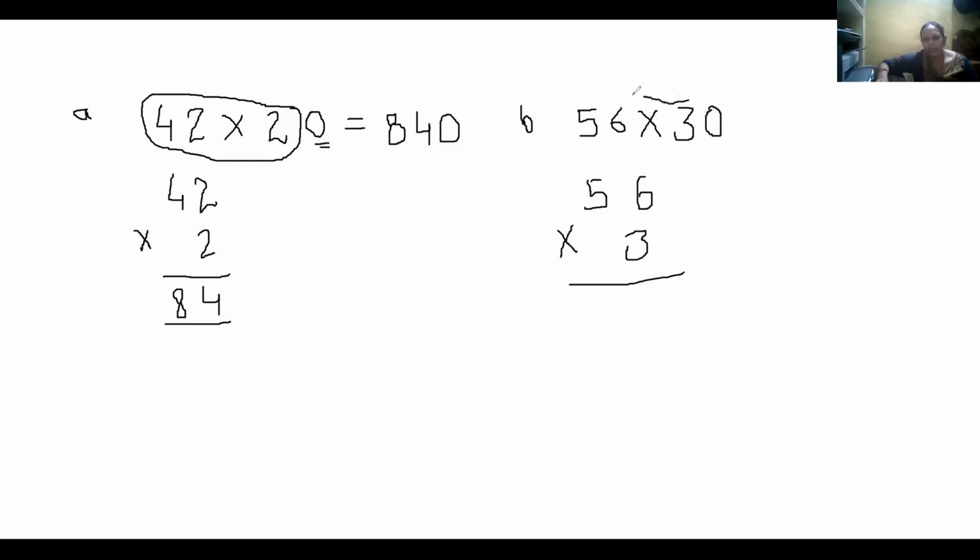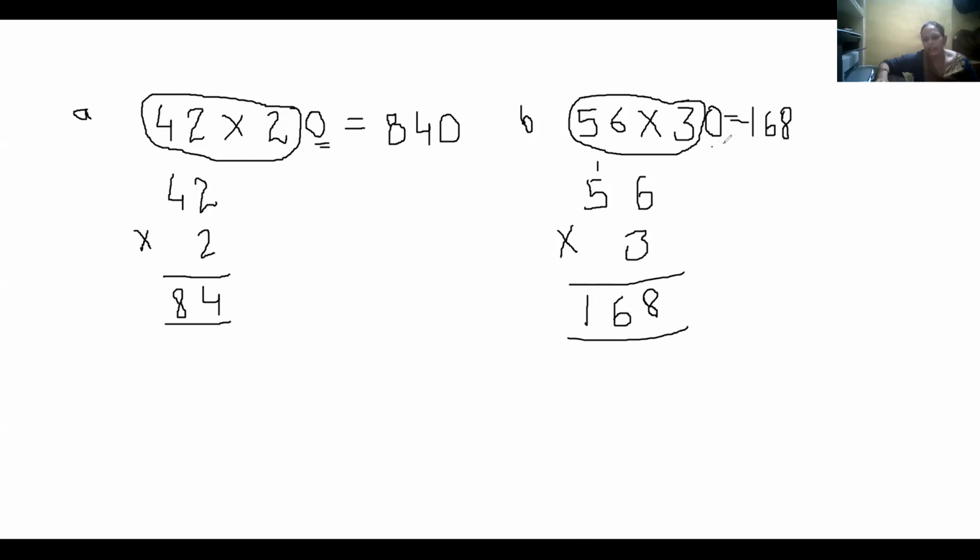See, multiply 56 by 3. 3 6s are 18, 1 carry, 3 5s are 15 plus 1 is 16, so the answer is 168.